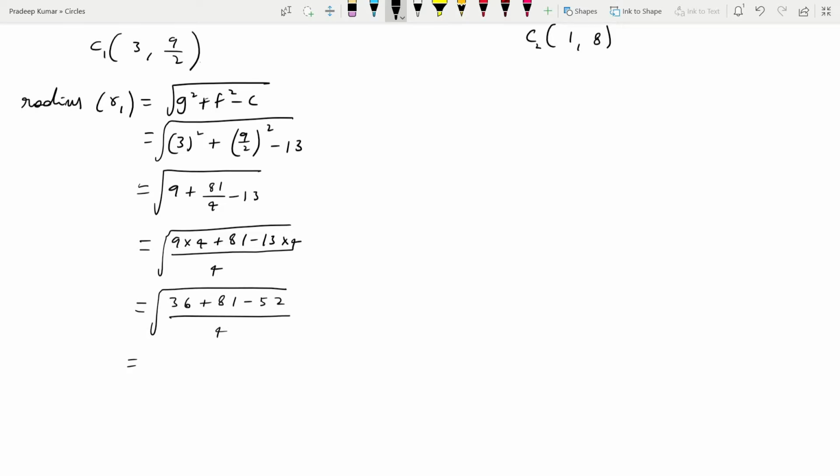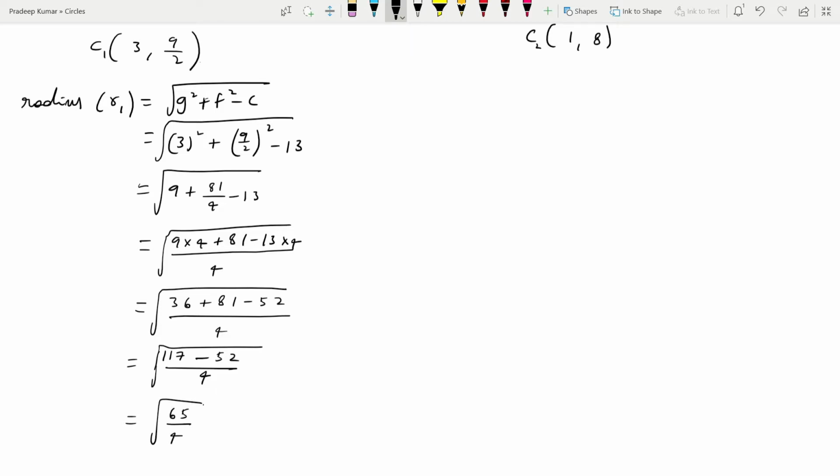So 36 plus 81, how much was it? 117. So minus 52 whole by 4. So now we'll just solve this further. So this is 117 minus 52 by 4, that is 65 by 4.